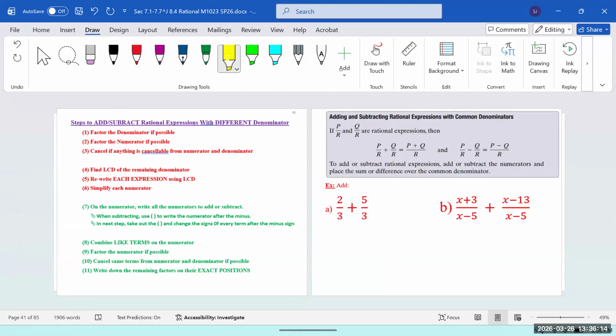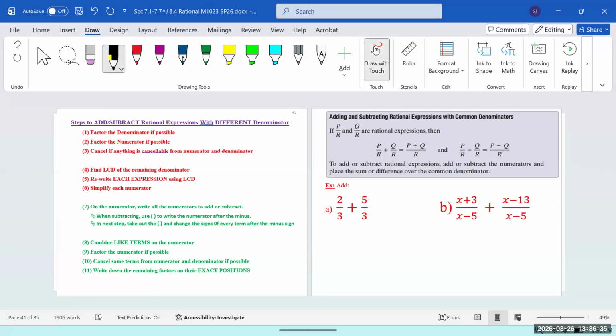All right. LCD, lowest common denominator, or least common denominator. So when we add or subtract, we always look for the LCD. If we have the same denominator, our life is easy. If you don't have the same denominator, use the equivalent expression.